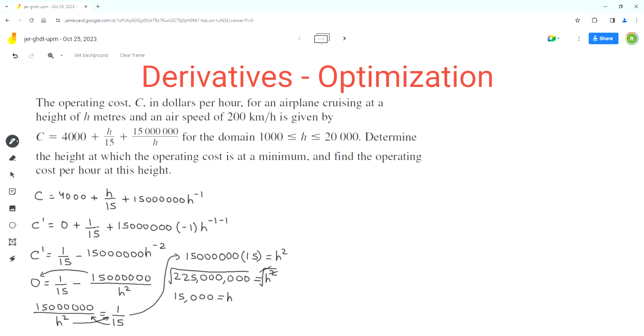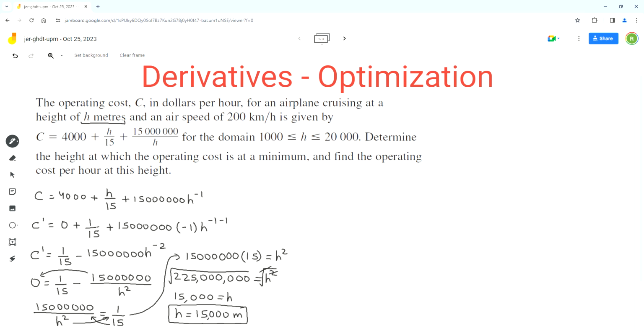So that means h is equal to 15,000 and the unit is meters, because that's the given unit for height. Now this h value lies in the given domain between 1000 and 20,000. So this is a valid value of h for our analysis.